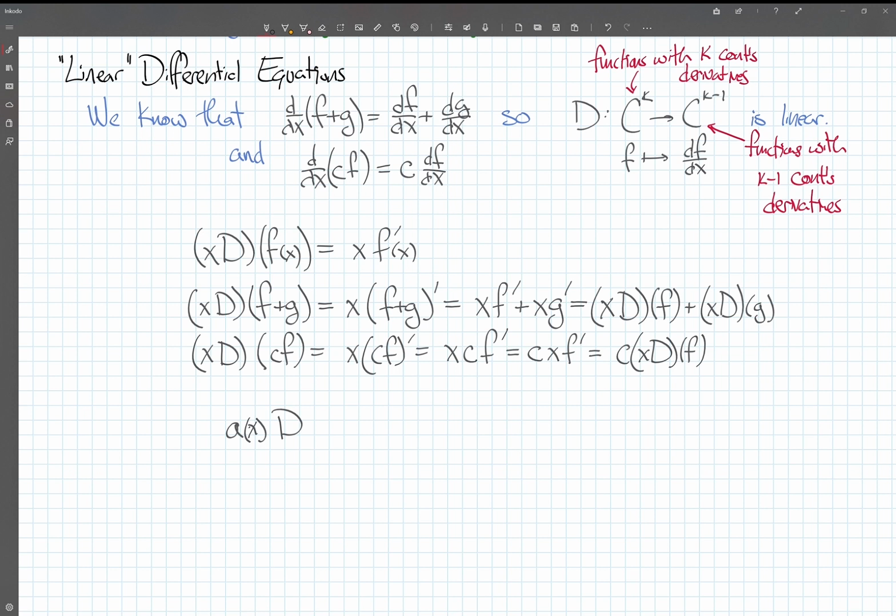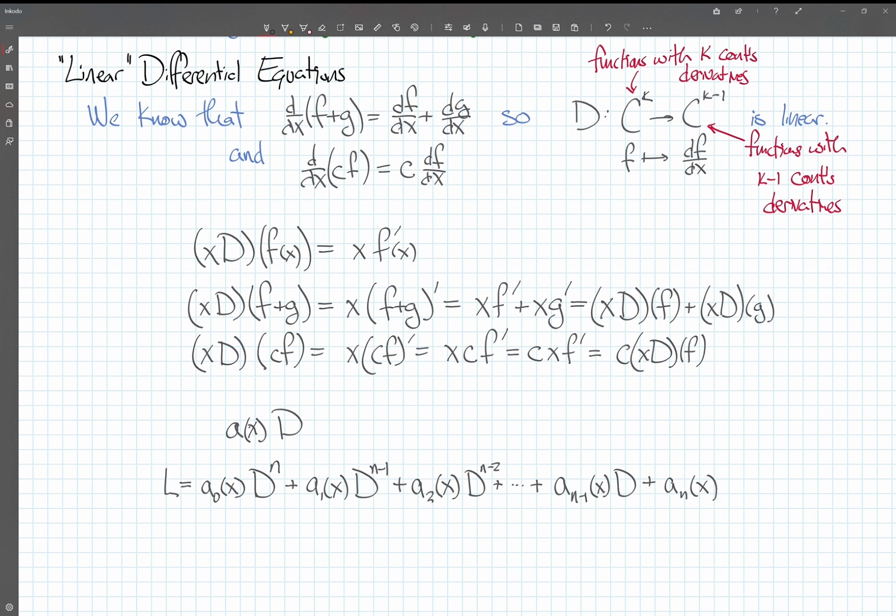The most general way to write that down is this. So this linear transformation is written as a sum of some function times taking n derivatives plus some other function times taking n minus 1 derivatives, etc., all the way down to multiplying your given function just by another function.